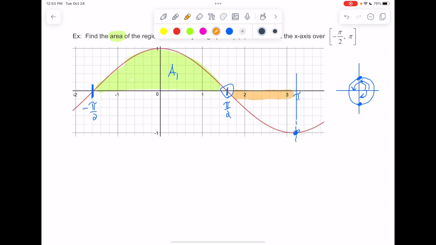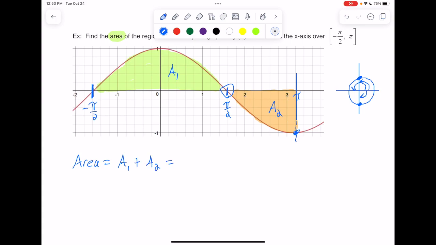I think it's the opposite coloration I did on the previous one, but that's all right, as long as we keep track of it. So this area we want to find as well, but that area is going to come out negative if we do a straightforward integral. So we'll have to make sure we change the sign of that. All right, so the area that we want is going to be area 1 plus area 2.